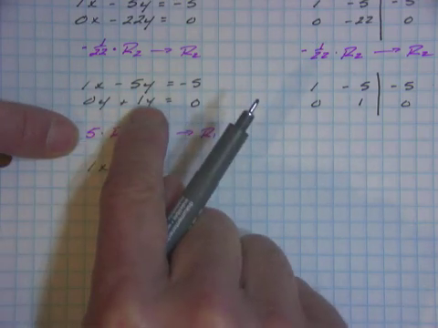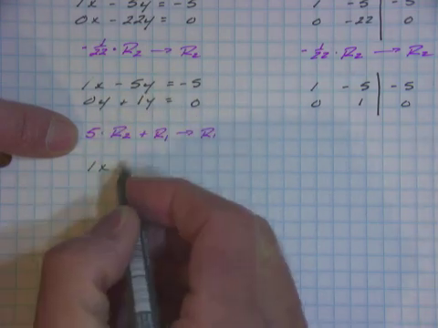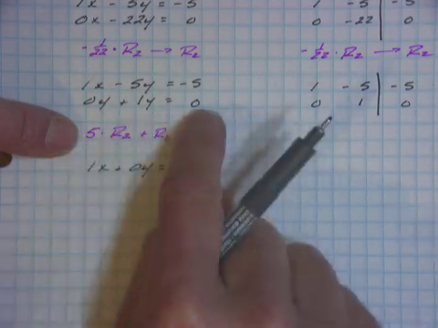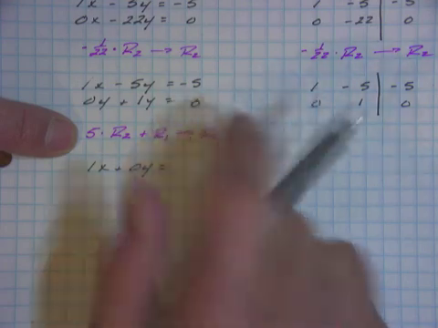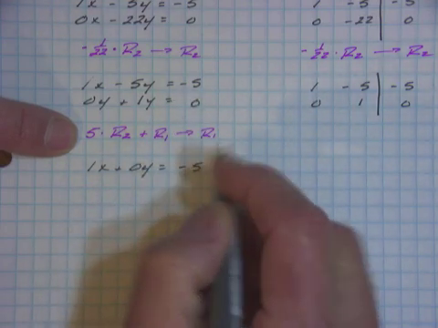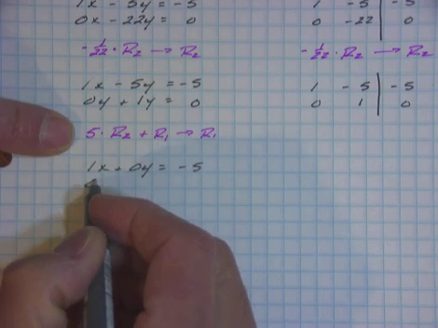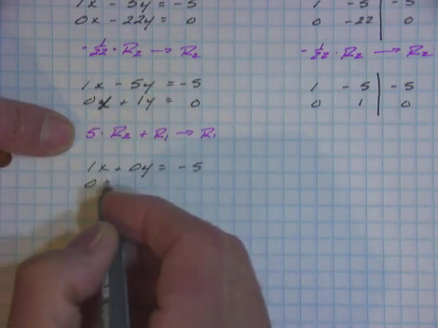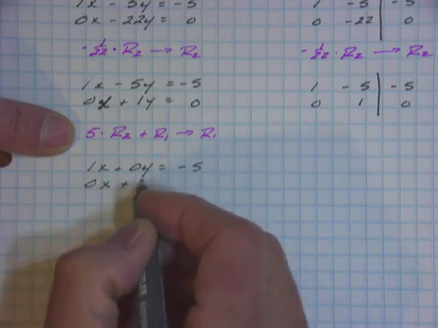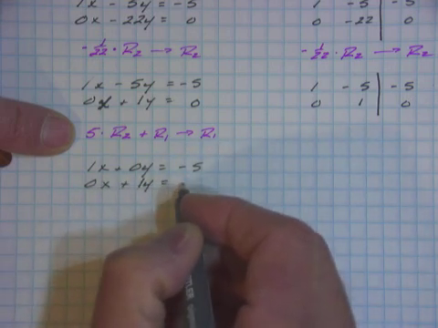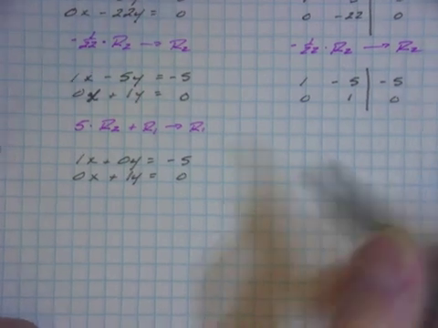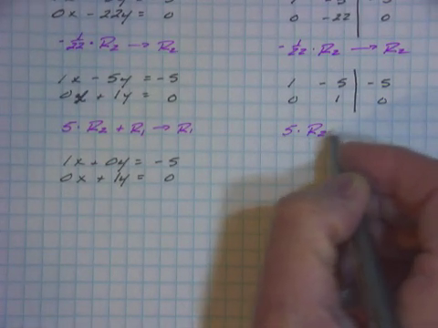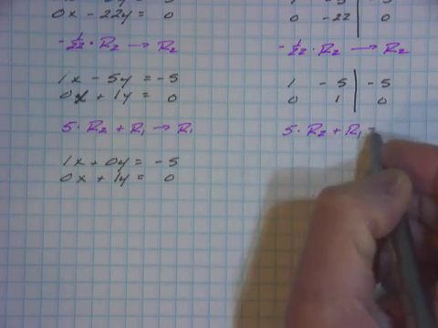So I've got 1x. Then I've got 5 times 1 is 5 plus negative 5 is 0 plus 0y equals 5 times 0 is 0 plus negative 5 is negative 5. The second row did not change. So that's 0x plus 1y equals 0.